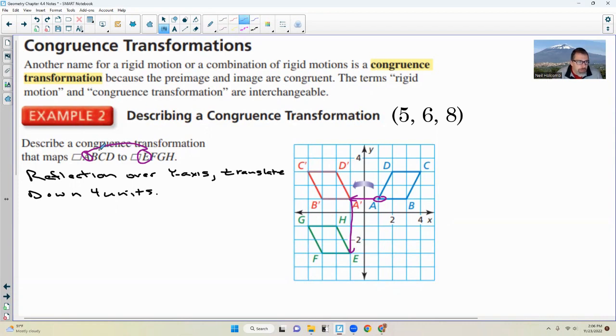Then if I focus on B, B got reflected over to B prime and then down to F. So B has to go with F, and so on and so on. So always make sure that your name lines up with where the pre-image vertex started and where the image vertex ended up.